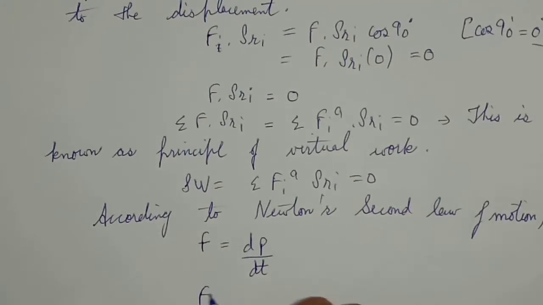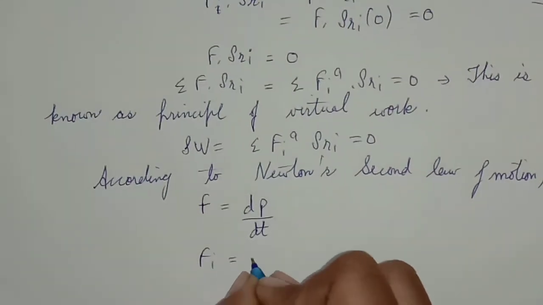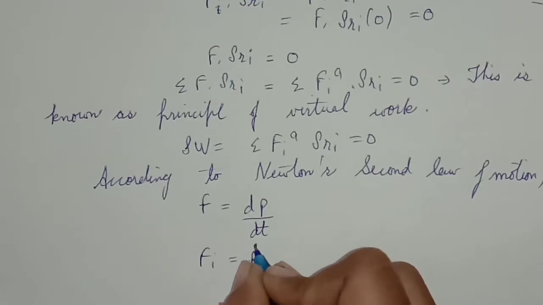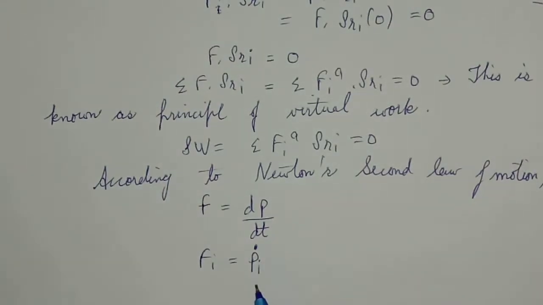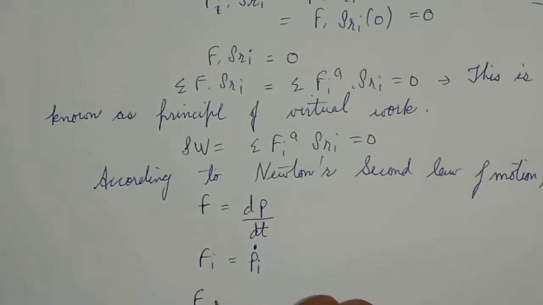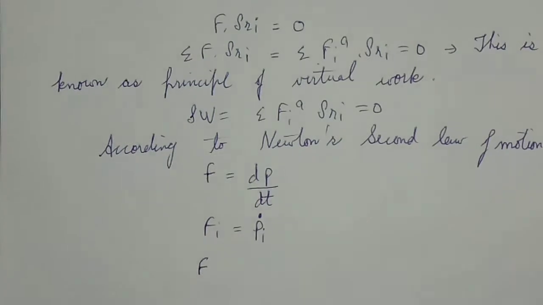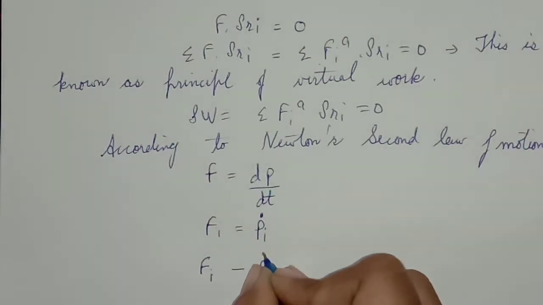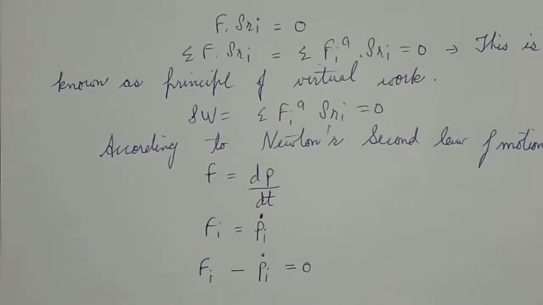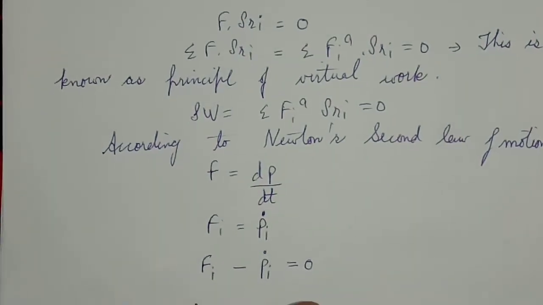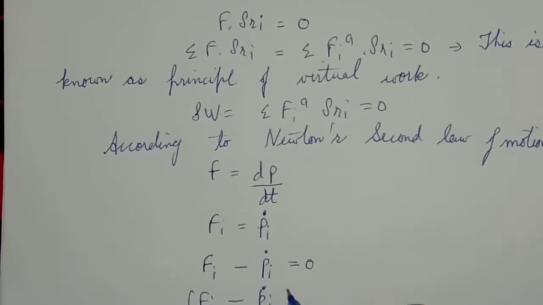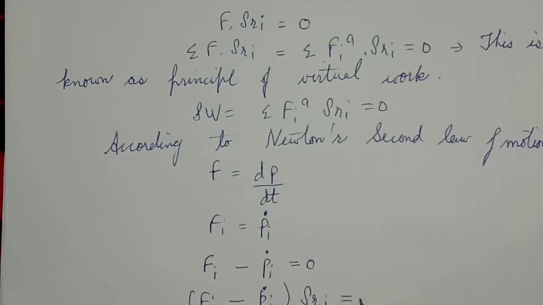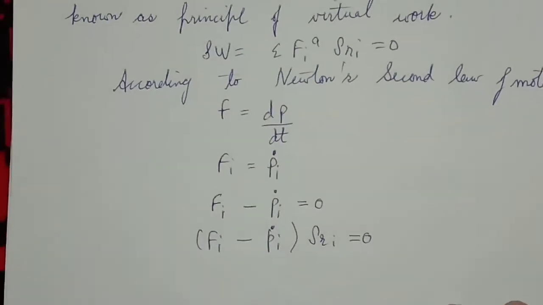In classical mechanics we write Fi equals pi dot, because we write the derivative like this. So we can write this equation equal to 0. So right here Fi minus pi dot equals 0. Now we take virtual displacement. So (Fi minus pi dot) into virtual displacement is also equal to 0.